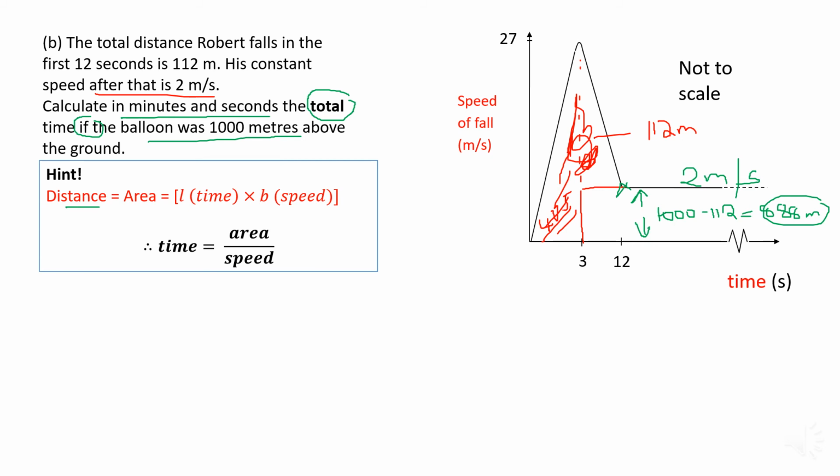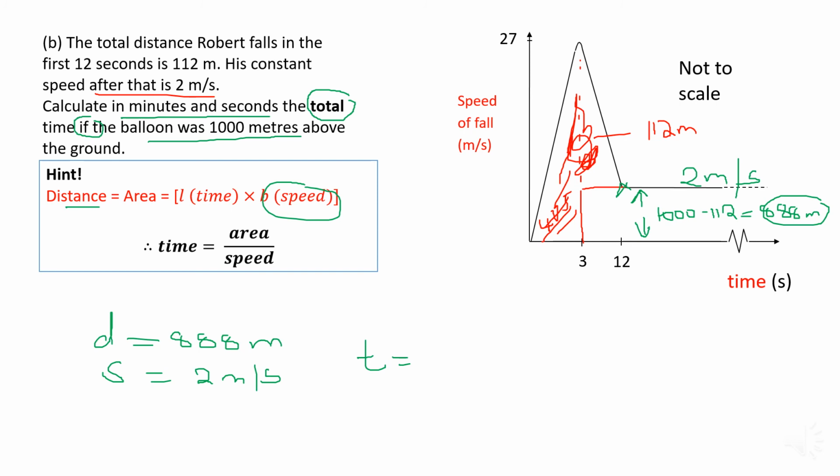Now, when you have the distance, which is 888, you also have the speed, which is 2 meters per second. To find the time, I'm now only calculating the time after the 12 seconds.